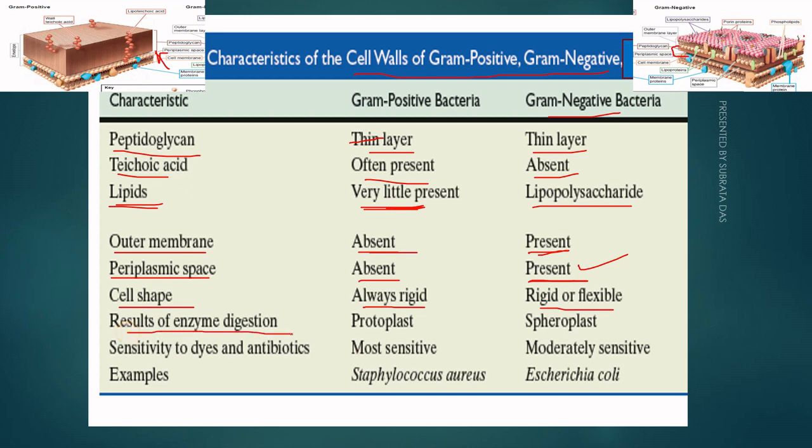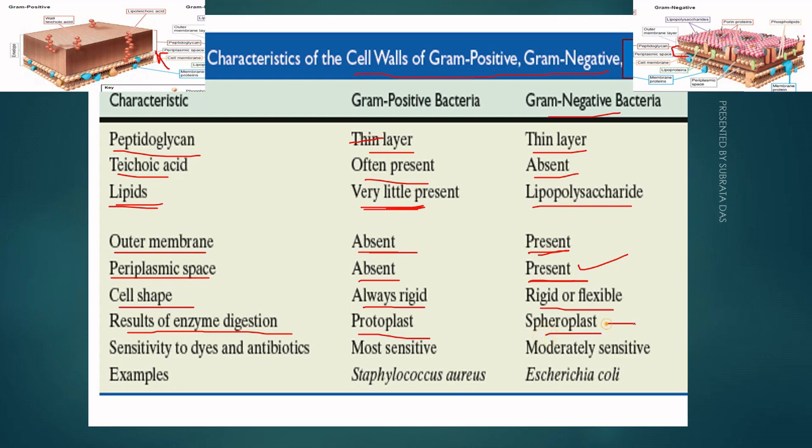Result of enzyme digestion. If we digest the gram positive bacteria, then we will see peptidoglycan-less gram positive bacteria, and that form will be called the protoplast. And if we apply enzyme digestion to the gram negative bacteria, then we will see the cell wall-less or peptidoglycan-less gram negative bacteria, which is known as spheroplast.